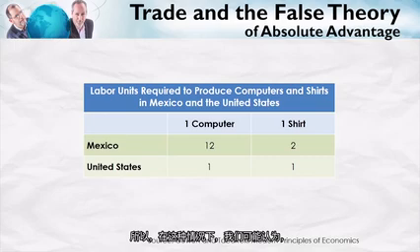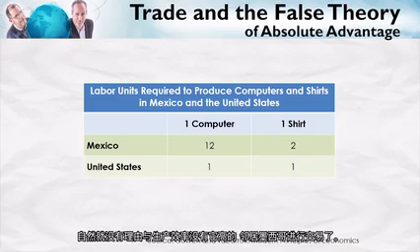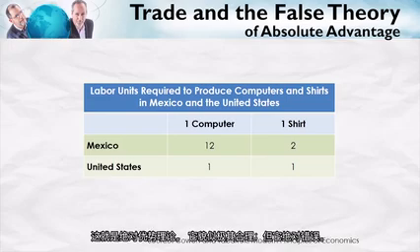So we might think, well, the United States is so much better at producing both computers and shirts that certainly there's no reason for the United States to trade with Mexico, its less productive neighbor. That's the theory of absolute advantage. It's very plausible. It's also very wrong.